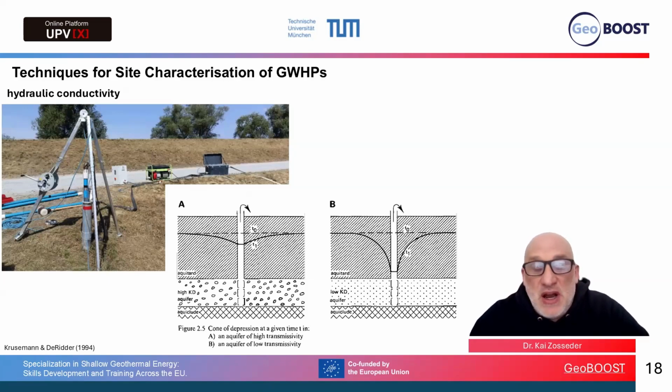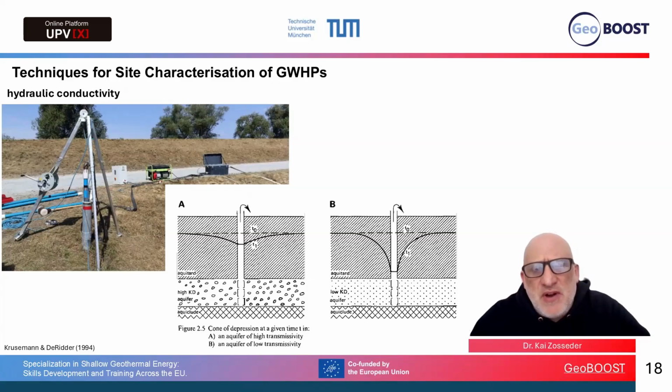And we talk a lot also about transmissivity, and not only hydraulic conductivity. The transmissivity is hydraulic conductivity multiplied by the aquifer thickness. So if you calculate transmissivity, you can then also calculate the hydraulic conductivity if you know the aquifer thickness. In general, if you pump out a specific amount at a constant volume, then if you have a higher hydraulic conductivity, the drawdown is lower.